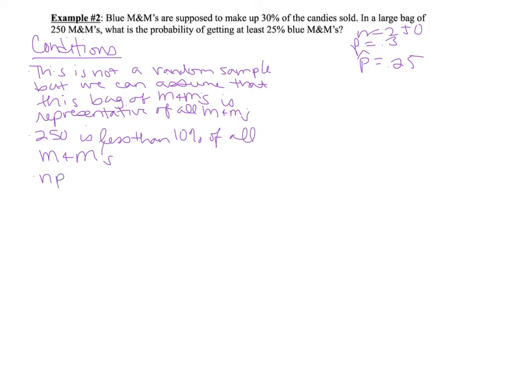So NP is going to be 250 times 0.3. And 1 minus P is going to be 250 times 0.7. And both of these are greater than or equal to 10. So I'm happy about that.